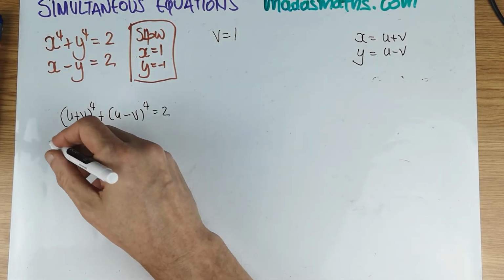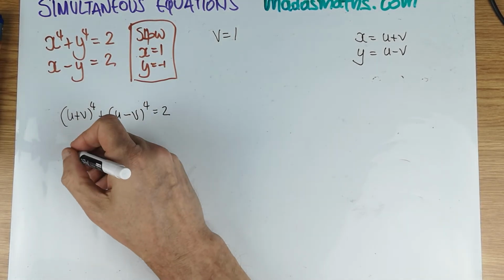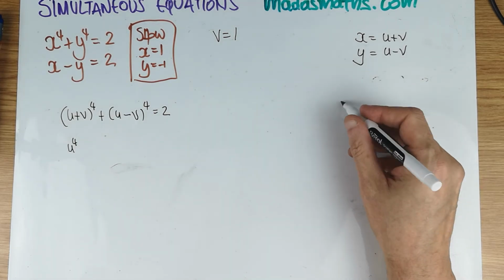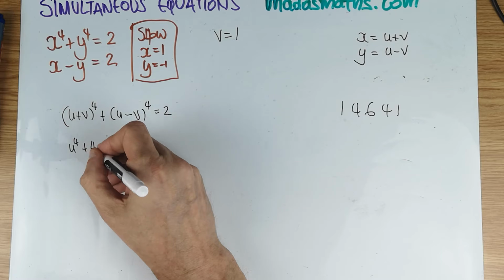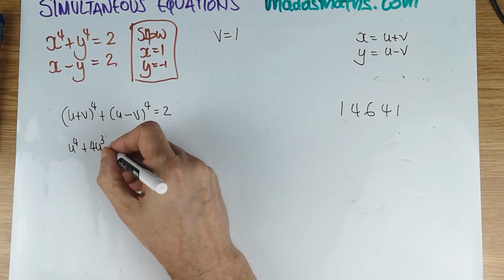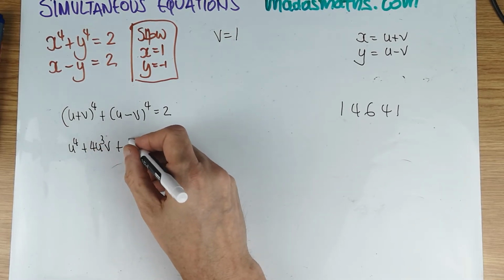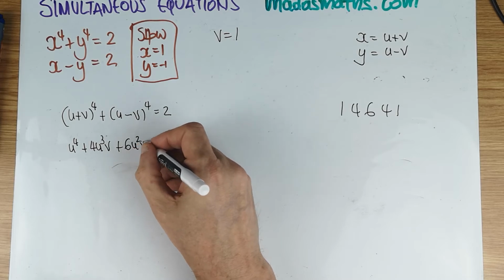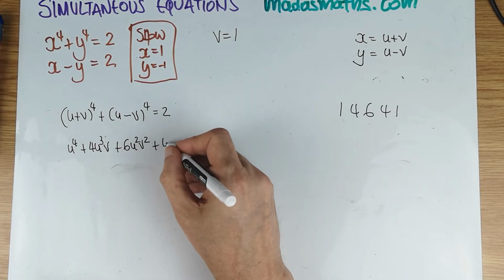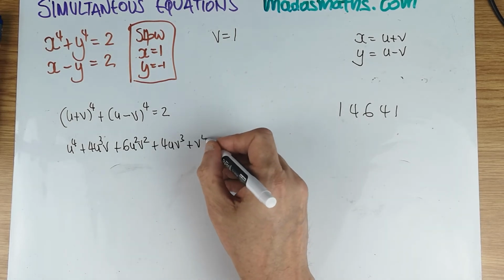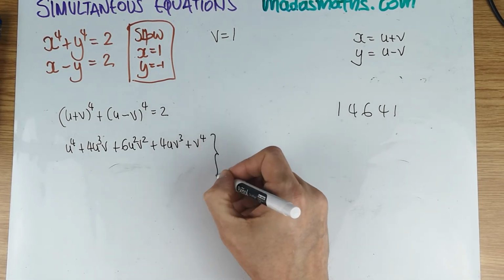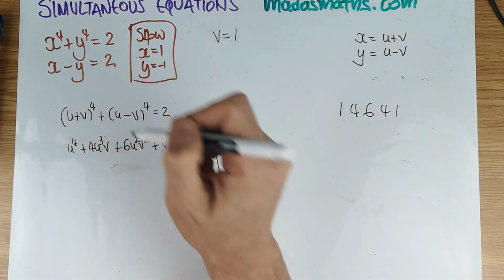So I'm going to write it in 2 lines. That's going to be u to the 4, again the coefficients are 1, 4, 6, 4, 1, plus 4u cubed v plus 6u squared v squared plus 4uv cubed plus v to the 4, and then of course it will be equal to 2.